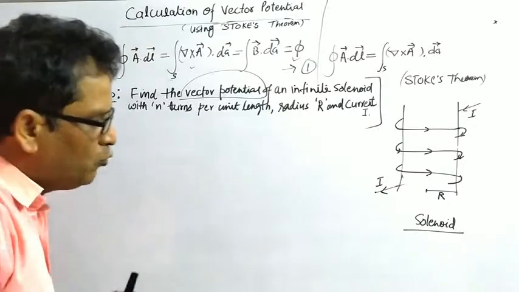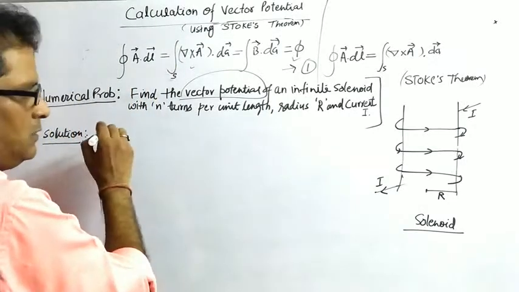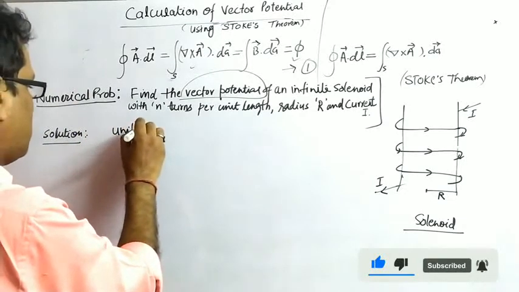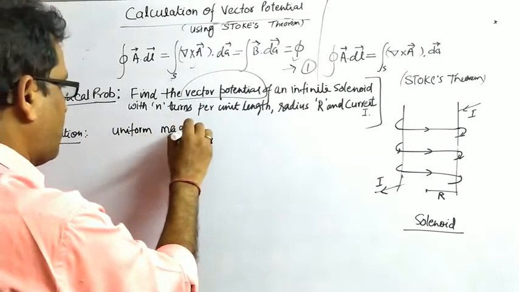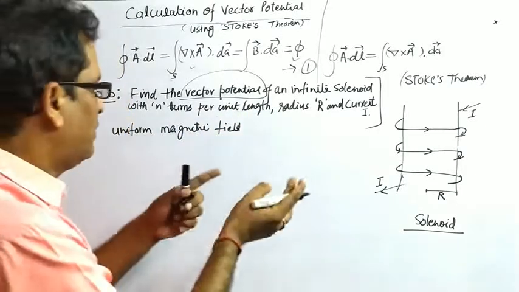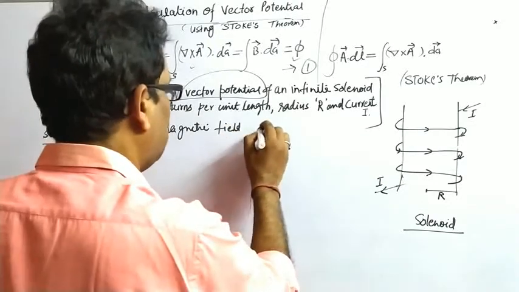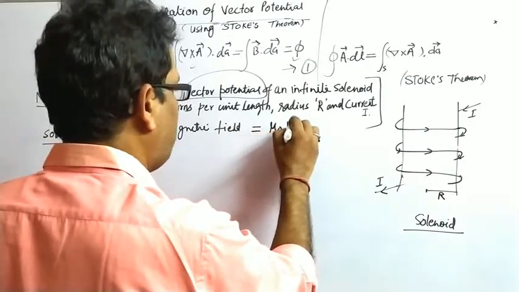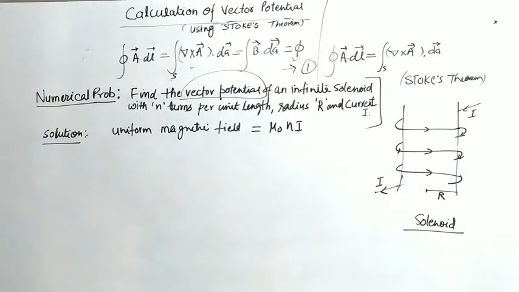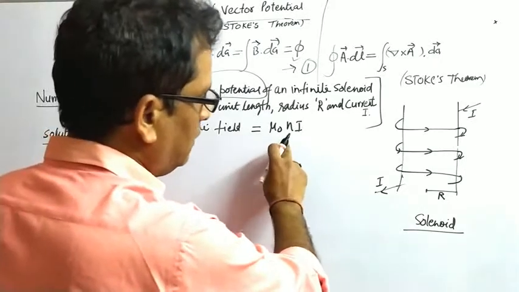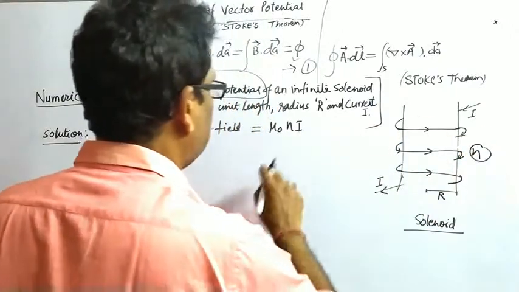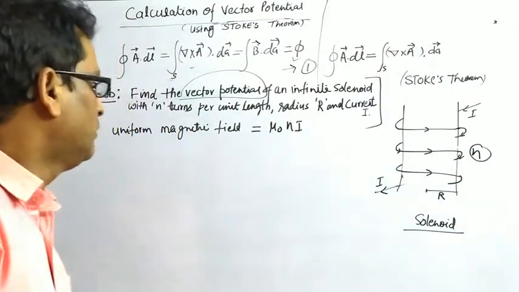So we know that there exists a uniform magnetic field. किसी सोलेनॉइड के अंदर एक यूनिफॉर्म मैग्नेटिक फील्ड होता है जिसकी वैल्यू होती है μ0 n I, where n is the number of turns per unit length and I is the current flowing.